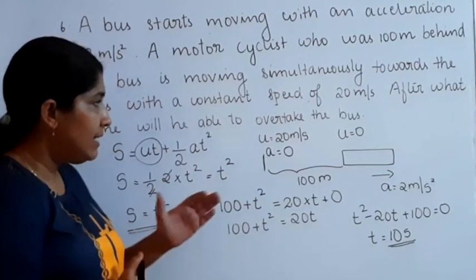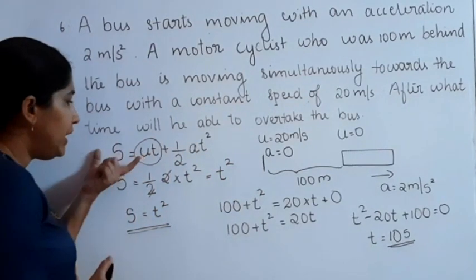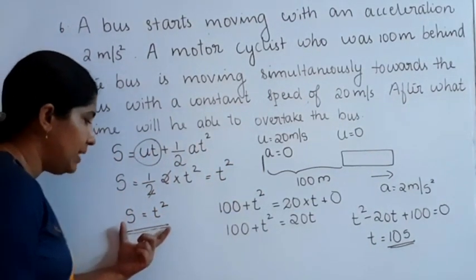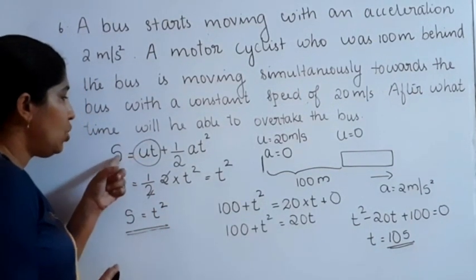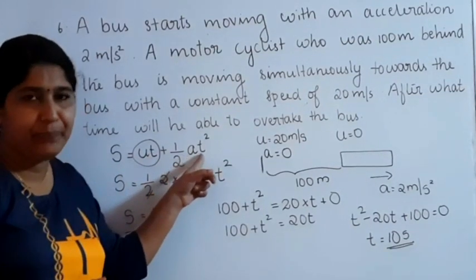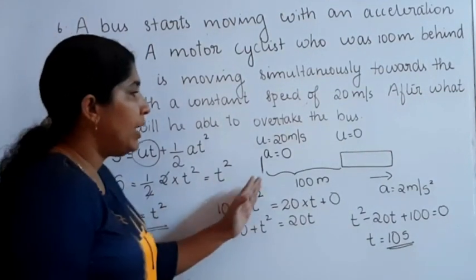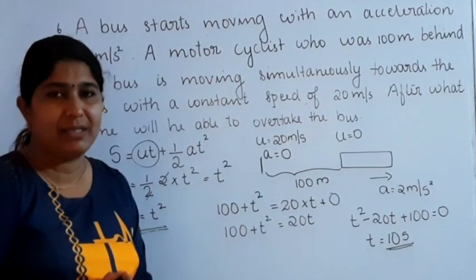In this question, first of all, we want to find out the distance travelled by the bus. Distance travelled by the bus, s is equal to t square, by using the equation s is equal to ut plus half at square. In the second case, we find the distance travelled by the motorcyclist to overtake the bus.